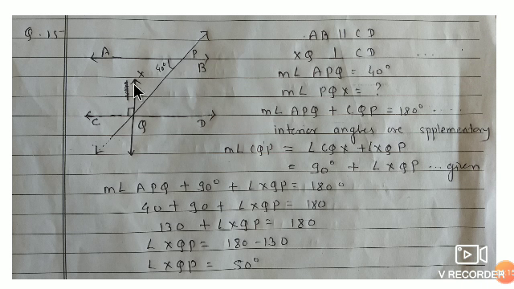Here XQ is perpendicular, so a right angle is formed here. So 90 plus XQP we can write. Put these values here and APQ is 40 degrees, that is given information. So 40 plus 90 plus XQP is equal to 180 degrees. After solving, you will get the value of XQP as 50 degrees. Understood?